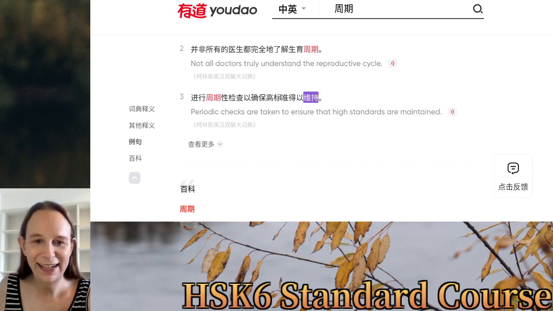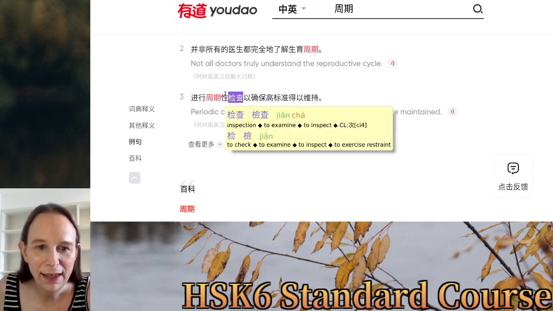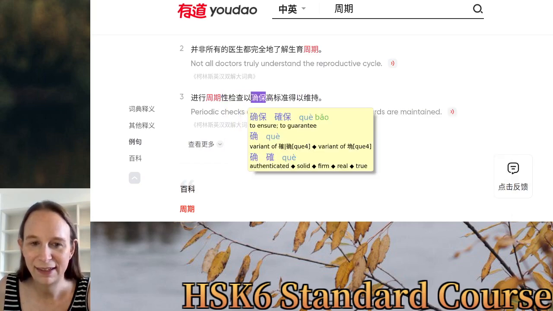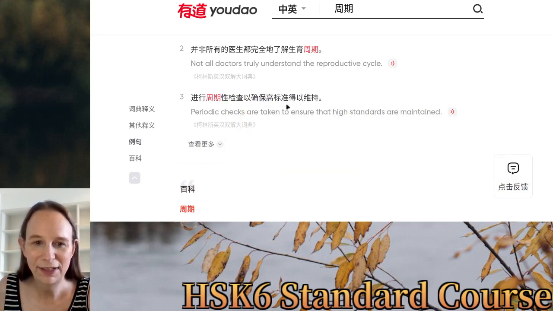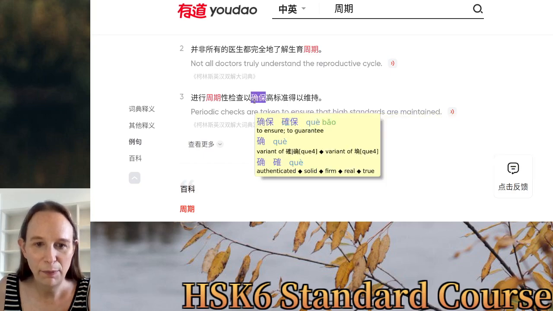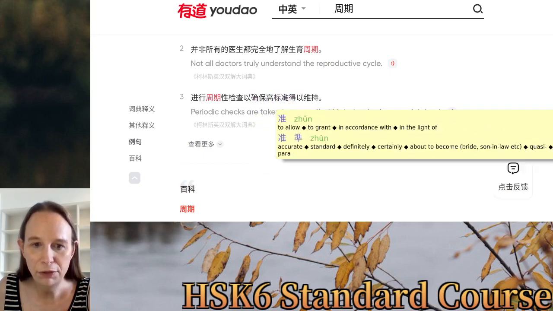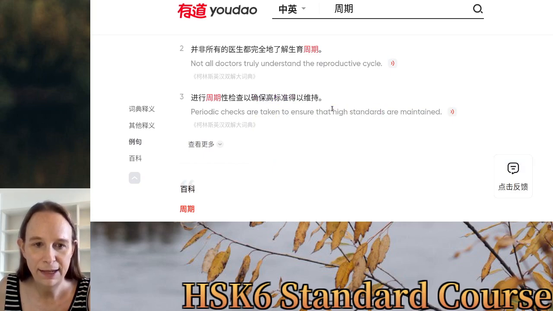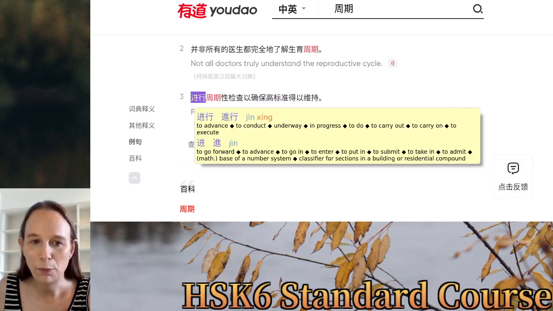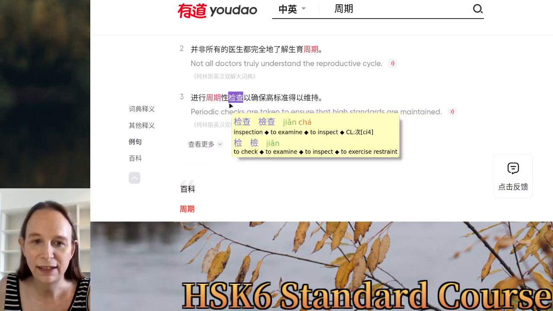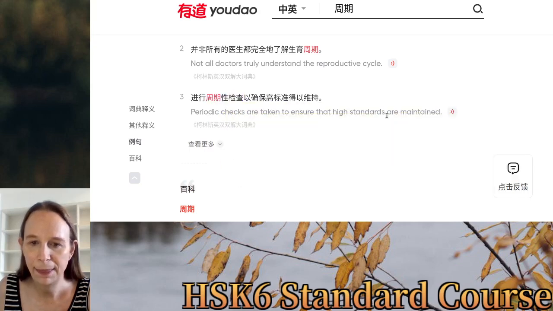Yeah, I feel like the Chinese is a bit weird here, right? Periodic inspections. Maybe you could just say 为了确保高标准. Yeah, 我们进行周期性检查. High standards are maintained.